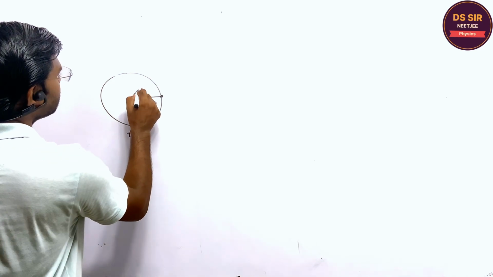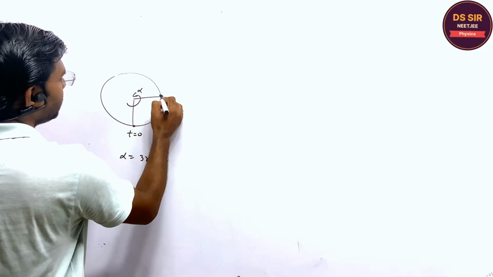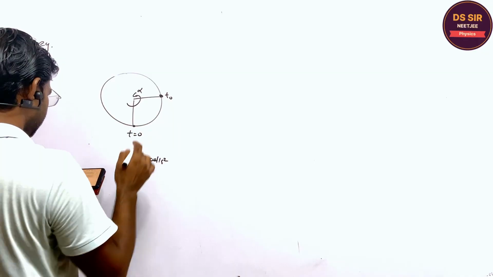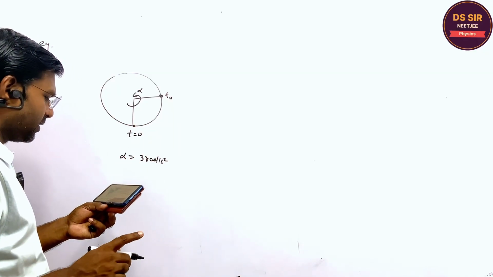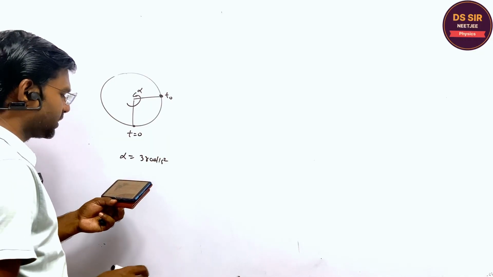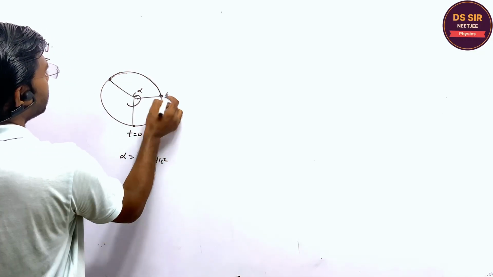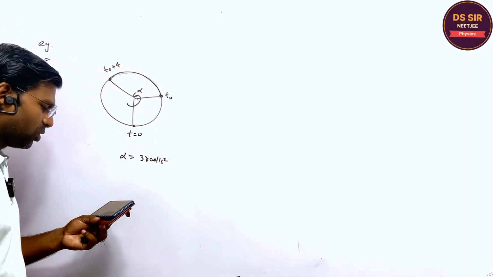The angular acceleration alpha is 3 radian per second square. Suppose this is t naught, and then the particle is observed until the end of the 4th second. So this is the time instant t naught plus 4 second. Do you understand or not?